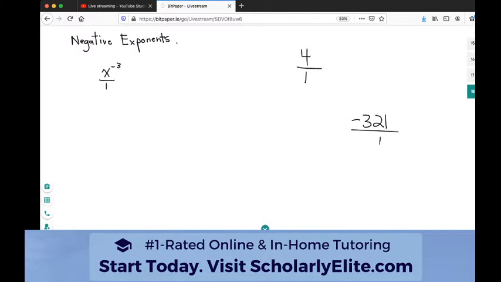All numbers, when they're by themselves, are technically over the number 1. They're all technically fractions. So when I've been given a problem such as x to the power of -3, I automatically know that it's technically over the number 1. And I know that my negative exponent indicates that the base it's attached to, in this case x, is on the wrong side of the fraction. So what this is actually going to look like is 1 over x cubed.